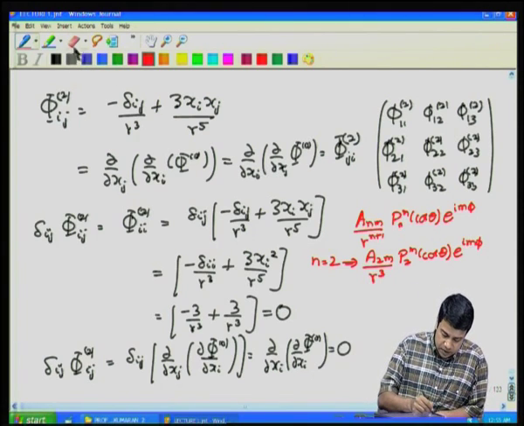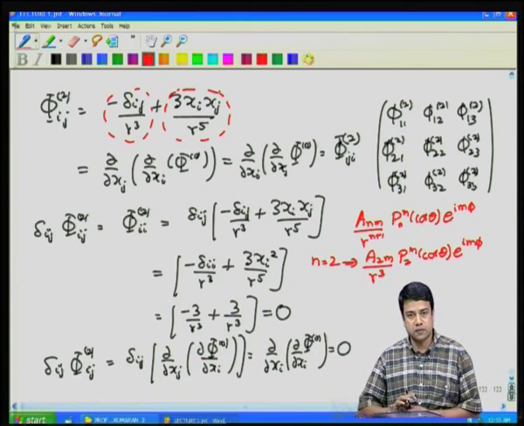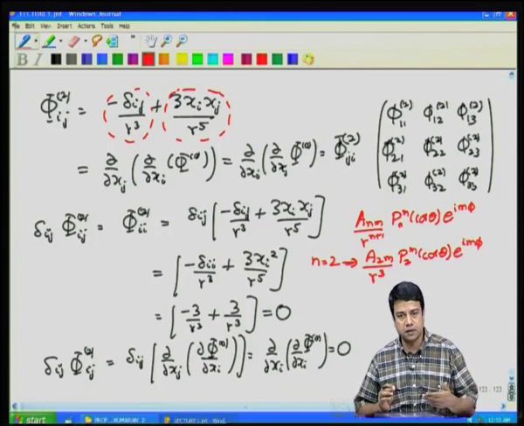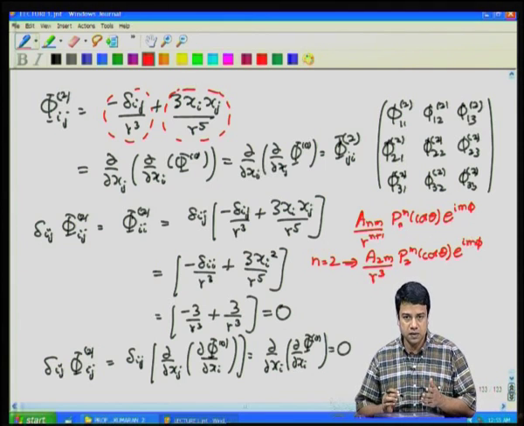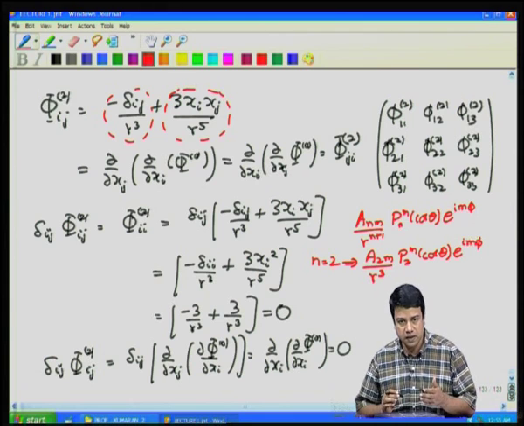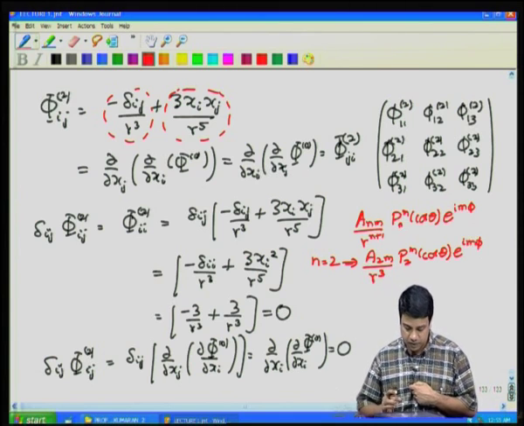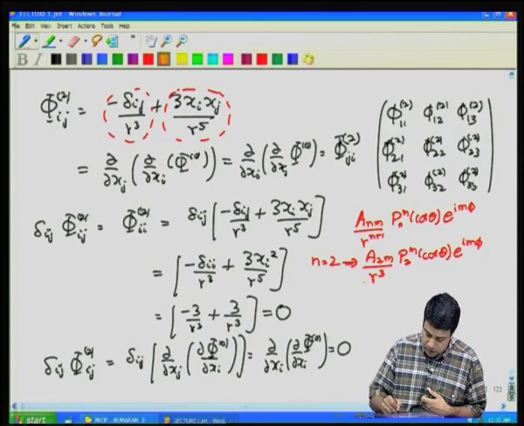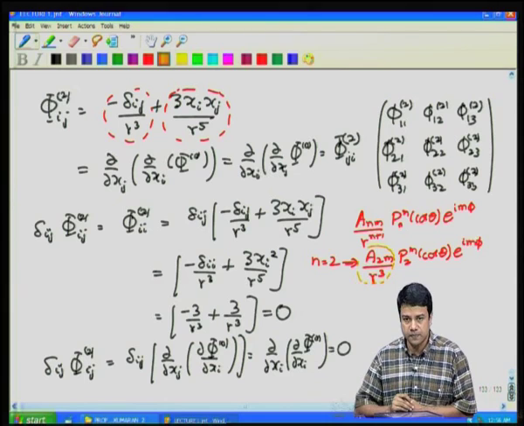You can see that each of these actually goes as 1 over r cubed. The first term is delta ij by r cubed. Second term is 3 x i x j by r power 5. Both x i and x j are r cos theta, r sin theta cos phi, r sin theta sin phi. Therefore, when I divide by the r power 5, I will get some function of angle divided by r cubed. Exactly the same dependence on r that I have over here.